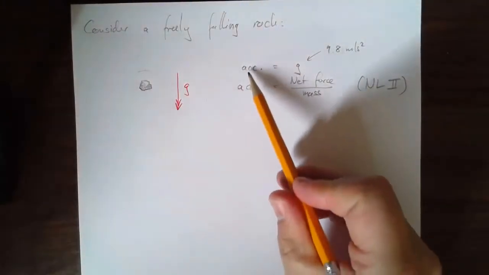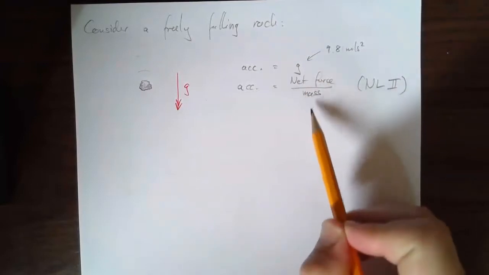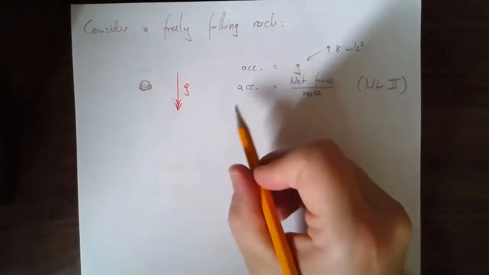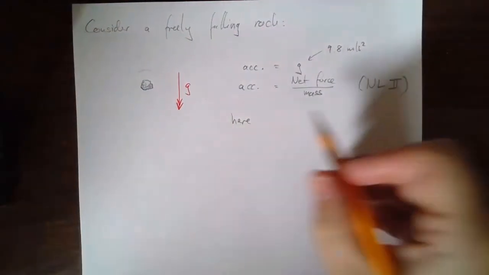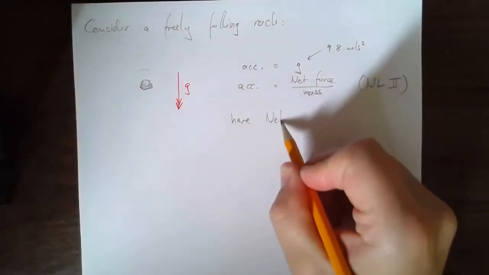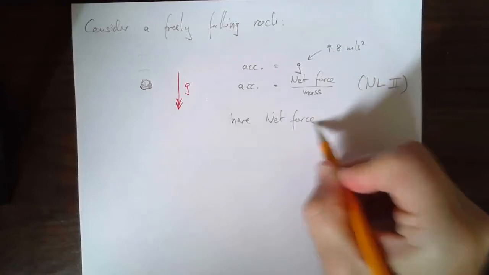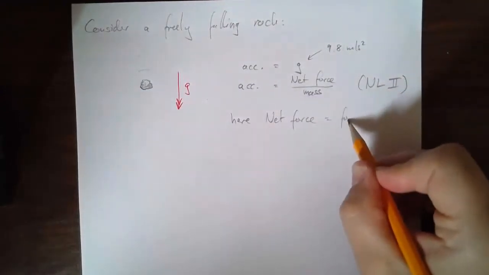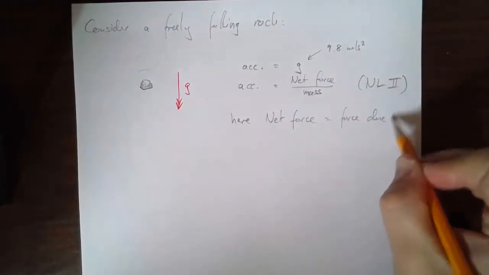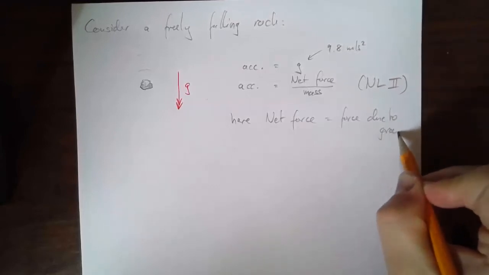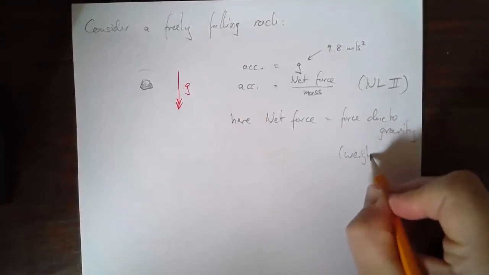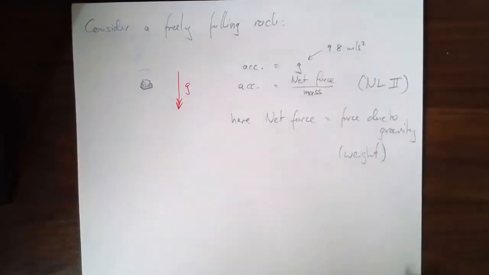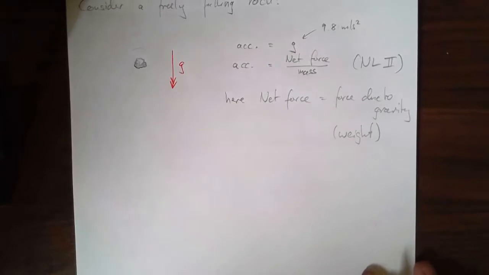So, acceleration is g, but the acceleration is given by this. And what's the net force? Well, if gravity is the only thing acting on it, there's no other interaction, then the net force just is gravity, the force due to gravity, we call that the weight. Weight of an object, the force on it due to gravity.